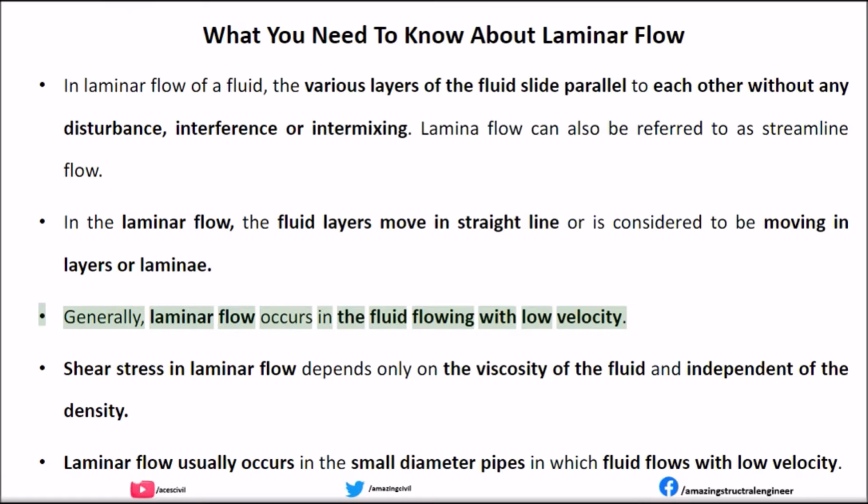Generally, laminar flow occurs in the fluid flowing with low velocity. Shear stress in laminar flow depends only on the viscosity of the fluid and is independent of the density. Laminar flow usually occurs in small diameter pipes in which fluid flows with low velocity.